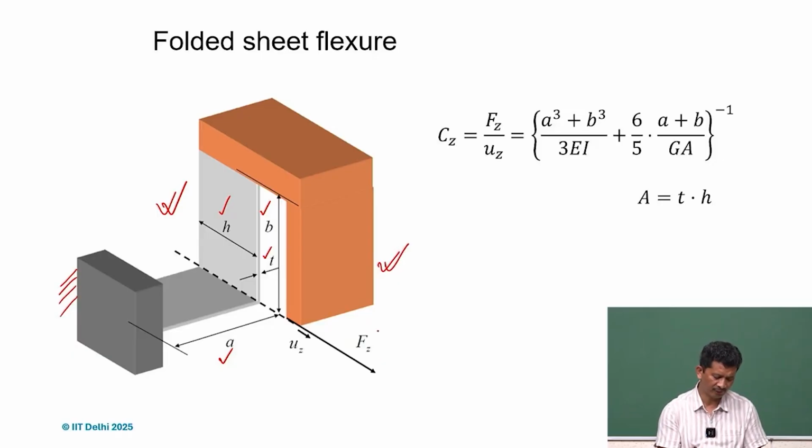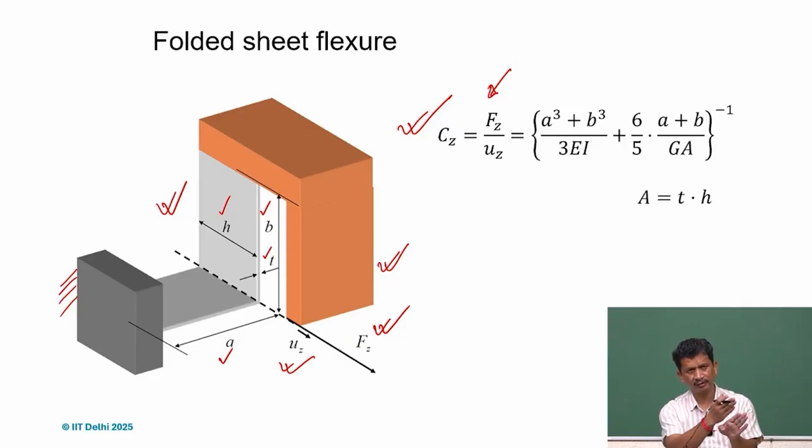And if we apply force Fz along the fold line, that is the z direction, the associated deformation is uz. But we realize that is the constraint direction, and the stiffness in that direction, Fz by uz, is given by the bending stiffness, and again it is the stiff direction.